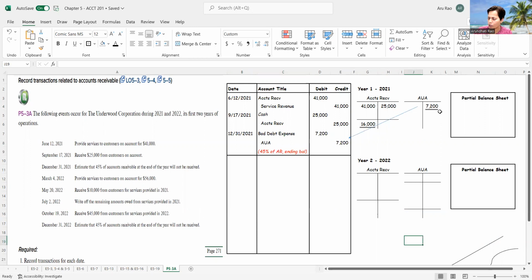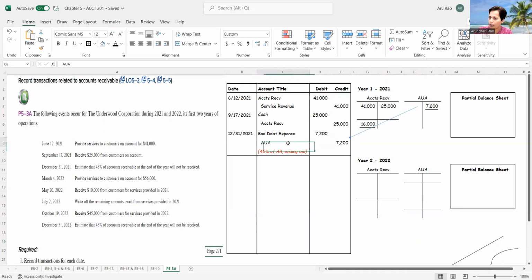So the 7,200, from here, I bring that number over here. Once again, we will see in the next year how that becomes significant. This year, because there was no opening balance, it didn't make much of a difference, but it will be significant in the second year, and we'll see how to do the calculations.